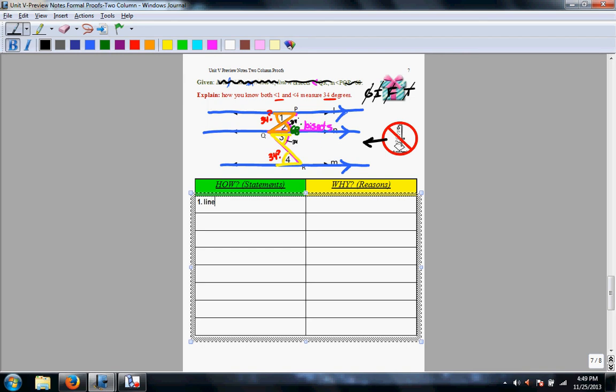And not all of the given has to go in the first step. So number one, I'm simply going to say line L is parallel to line M, which is parallel to line N. And the reason I know that, because it's in the given.